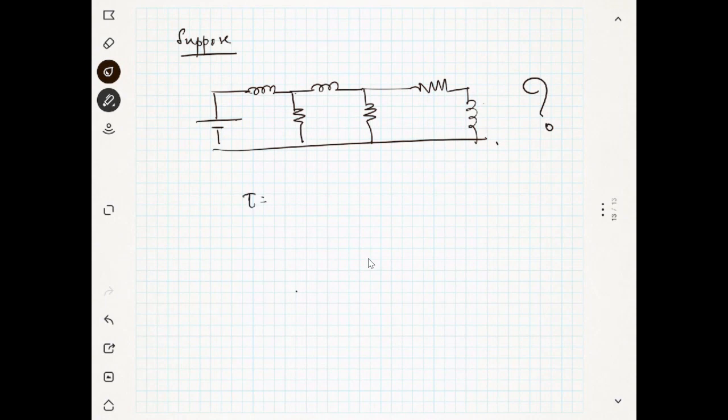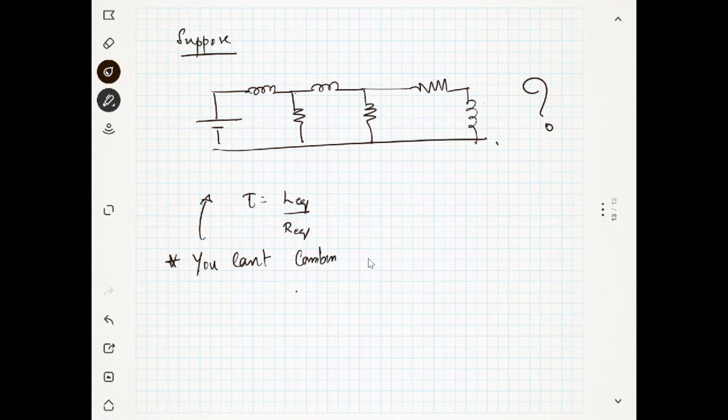Actually, time constant is L equivalent by R equivalent. So in this case, there is more than one inductor, and you cannot combine them. In the above case, you can't combine.